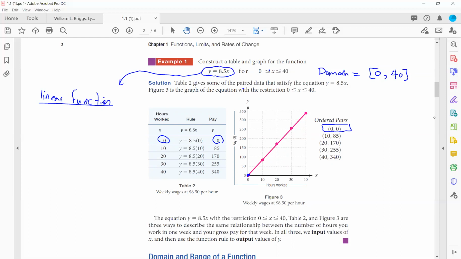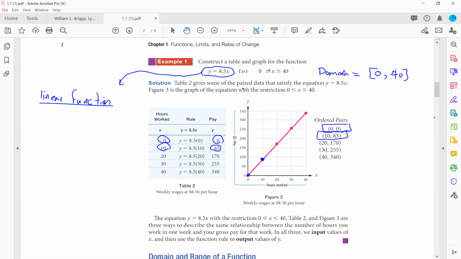Let us select 10 and plug in 10 to the function. y is 8.5 times 10, which is 85. So the second point on the graph of the function is 10 and 85. This is your second point.